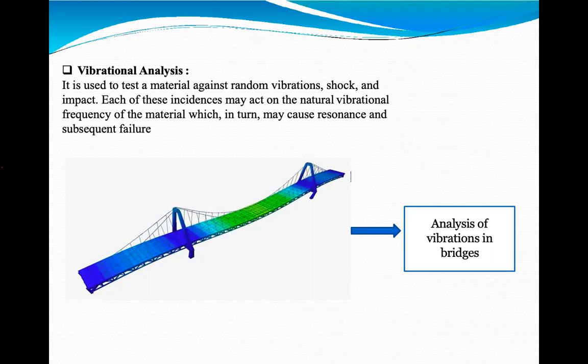So to check that we don't have the resonance case, we have to perform this vibration analysis. For bridges and most machineries which involve vibrations, we perform the vibration analysis.